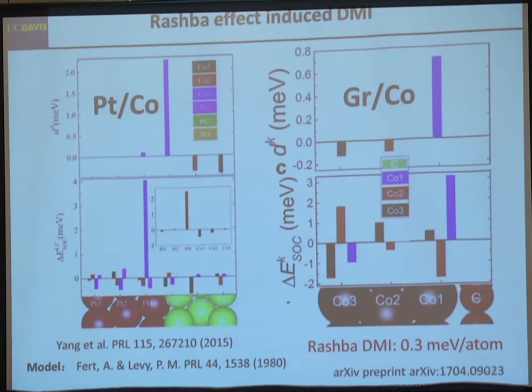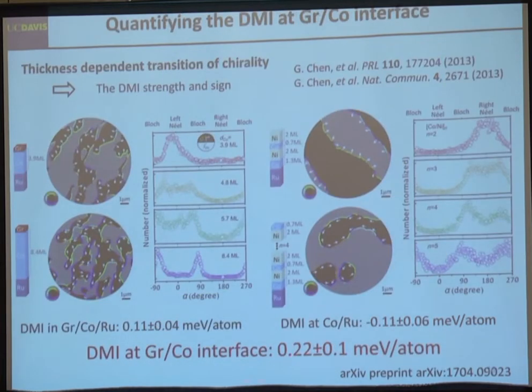And so we propose to use the Rashba type DMI, where I don't have time to introduce the details of the number that's derived, but there's a preprint where they did calculation of the Rashba structure and also Rashba splitting, from where they were able to get this number, which fits nicely to the experimental data.